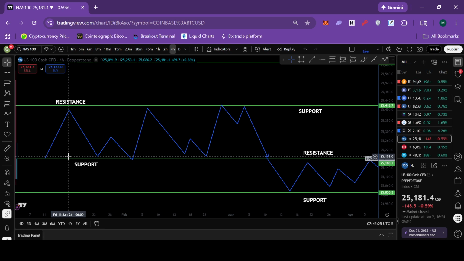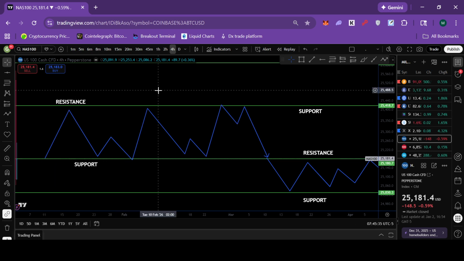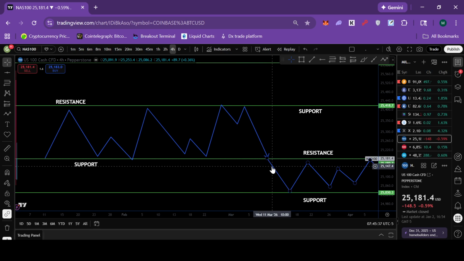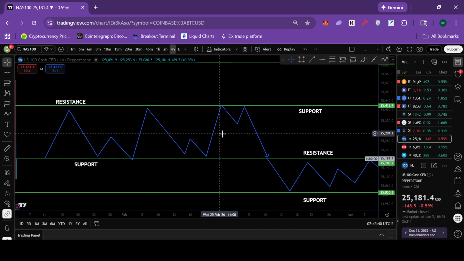Uptrends, you're getting higher highs and higher lows. Downtrends, you're getting lower highs, lower lows. Consolidation, you're kind of just moving in a sideways direction. You're not trading in consolidation. Uptrends, we're looking for buys. Downtrends, we're looking for sells.